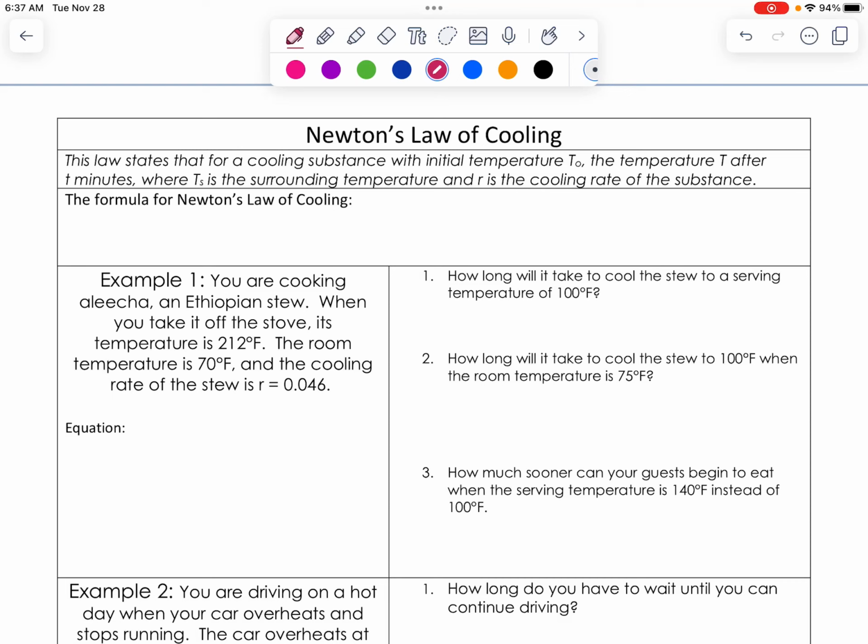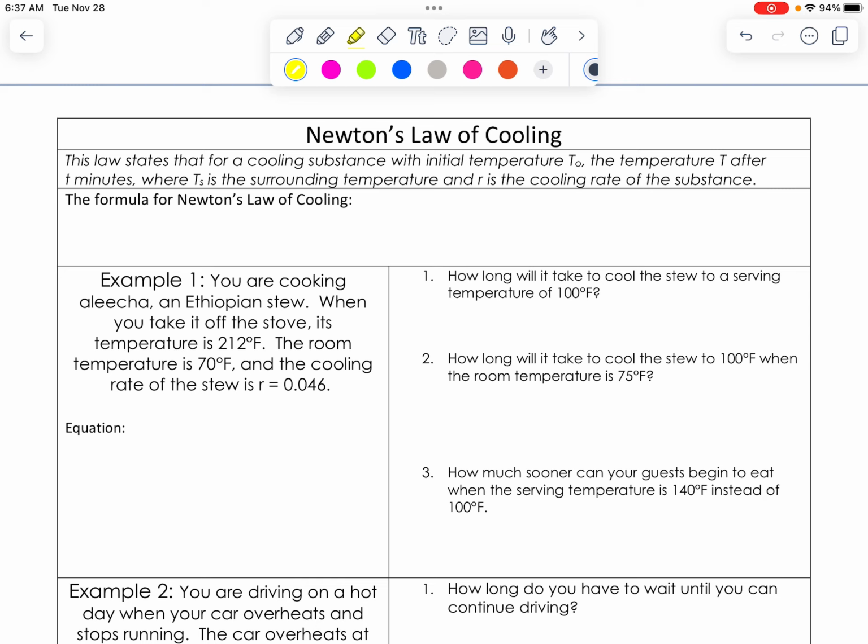All right, in this video, we're going to be going over an application for exponential functions, and that is Newton's law of cooling. This law states that for a cooling substance with initial temperature of T sub 0, the temperature T after t minutes, where T sub S is the surrounding temperature and R is the cooling rate of the substance.